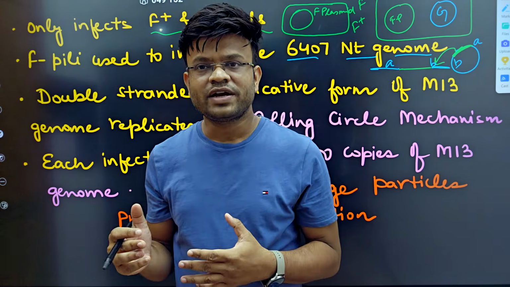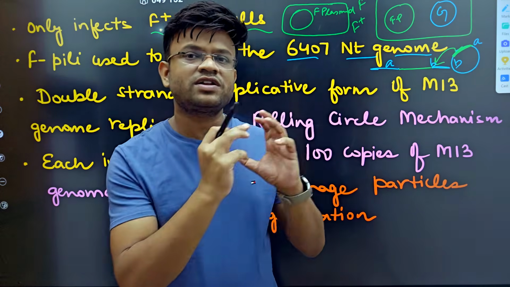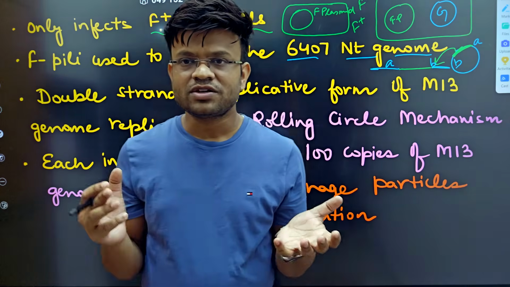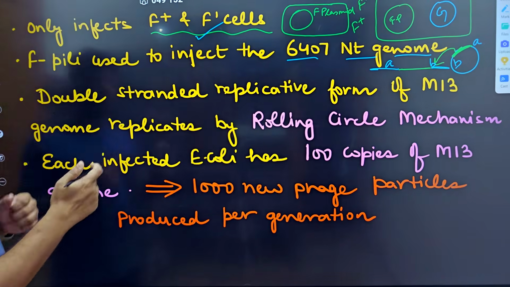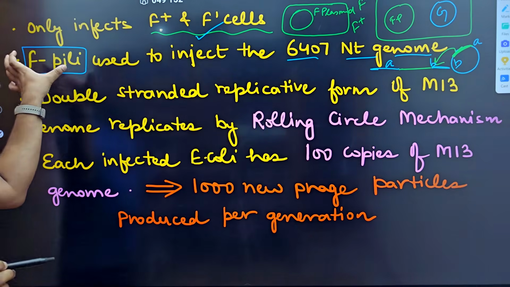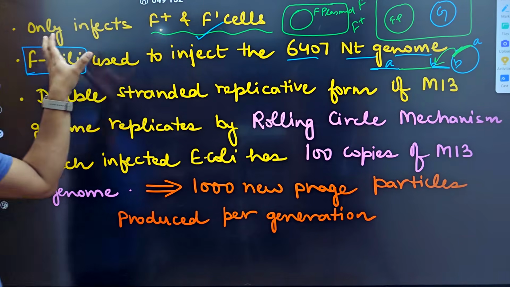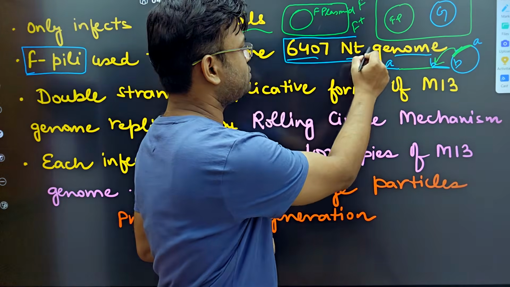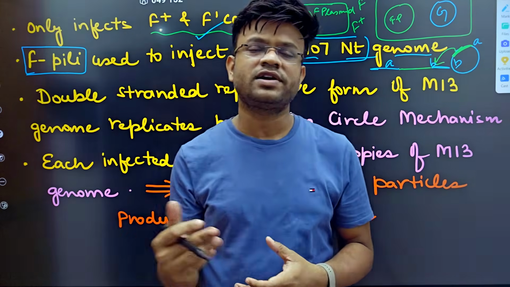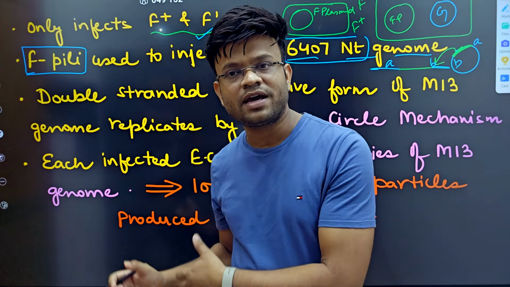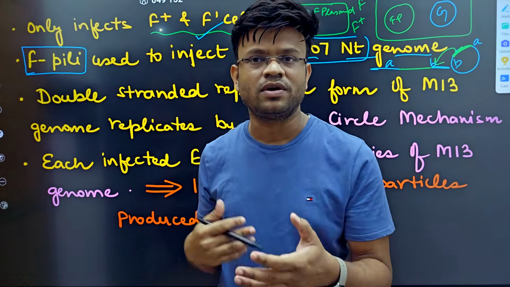In order to infect the bacteria, they have to transfer their own genome inside the bacteria. What is the method through which they transfer the genome? They utilize F pili. This is the structure through which they transfer their genome, and the size of the genome is 6407 nucleotides. This genome is then transferred inside the bacteria, and then it takes over the entire machinery of the bacteria, and so on and so forth.